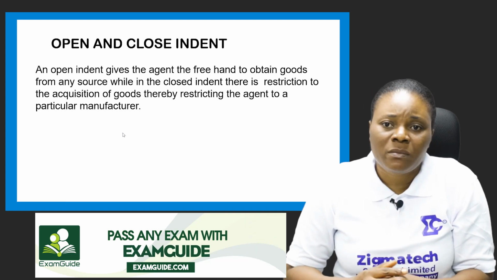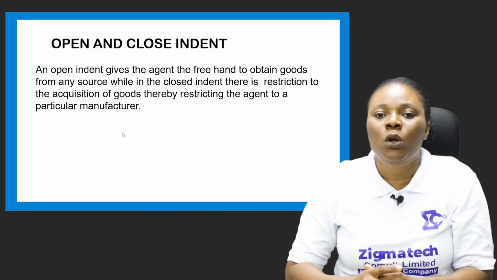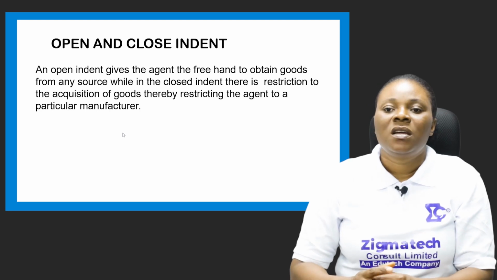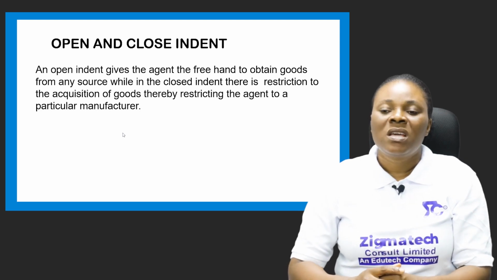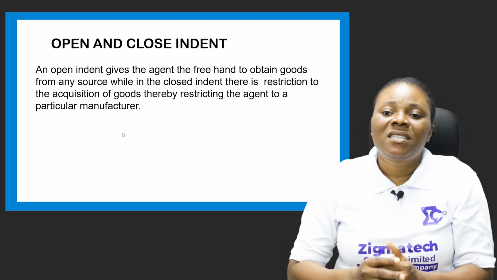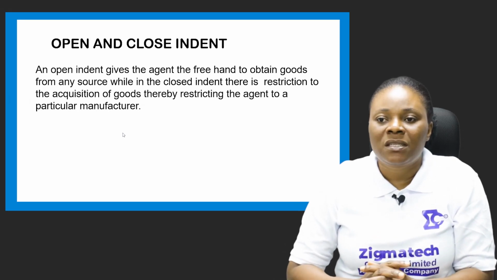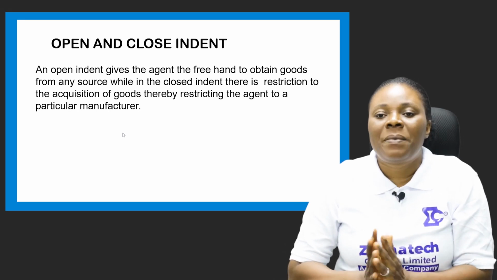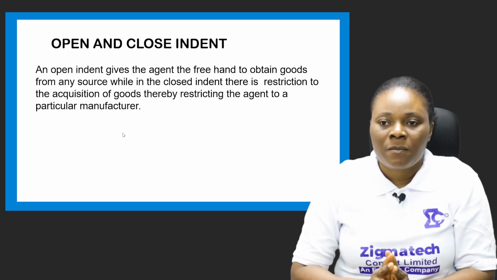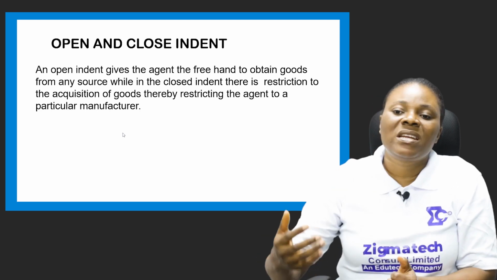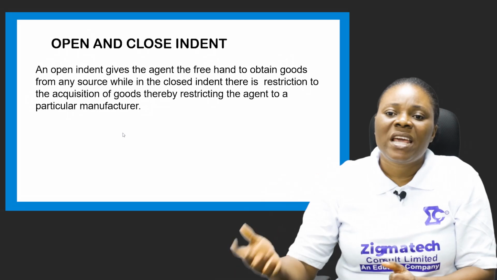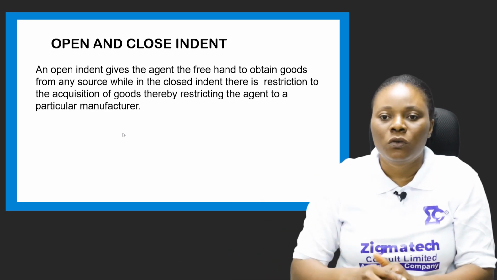The next purchase document we have is the open and closed indent. The indent is a document that is prepared by a buyer, given to an agent to source for goods.